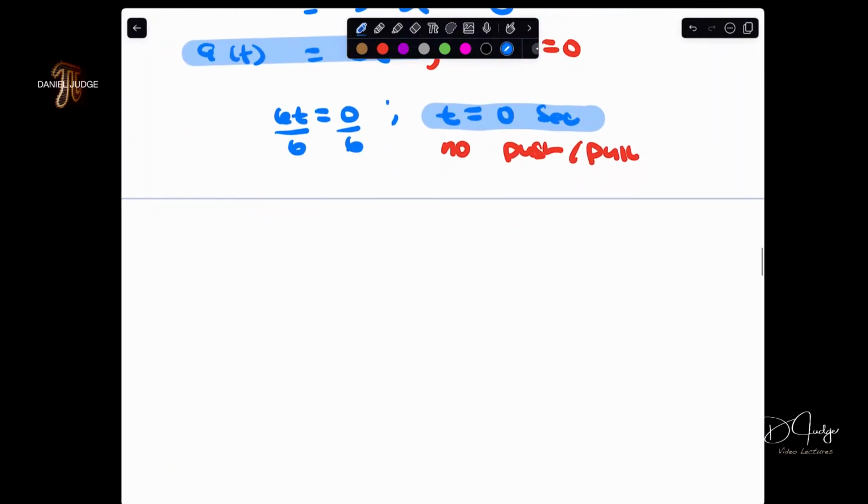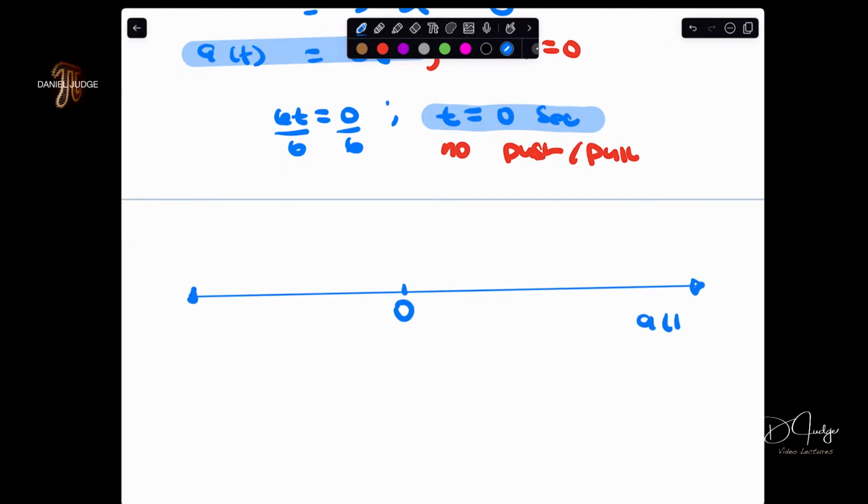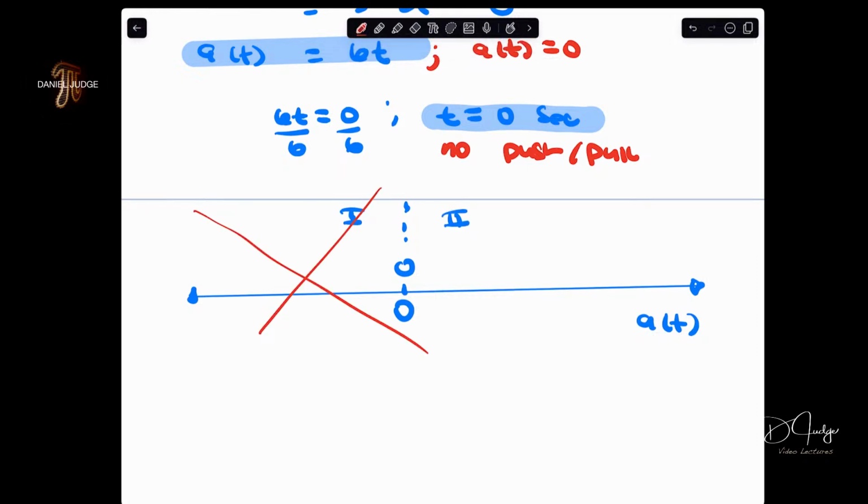This is an interesting sign analysis question. The reason it's interesting is because at 0, we want to test the signs of region 1 and region 2. However, you get to throw out region 1 because your time is strictly positive.